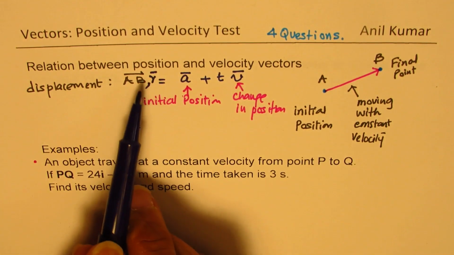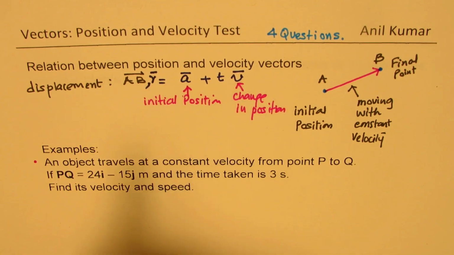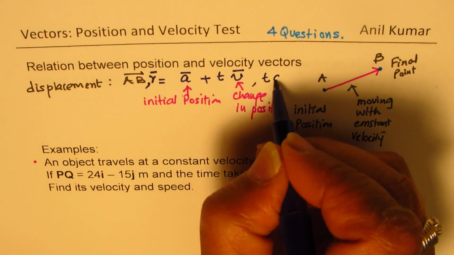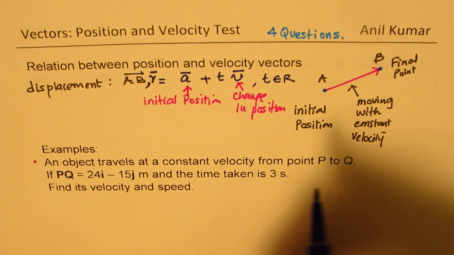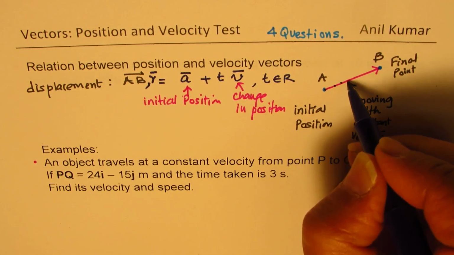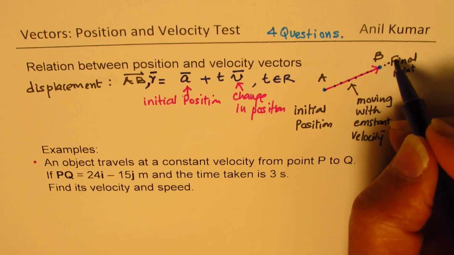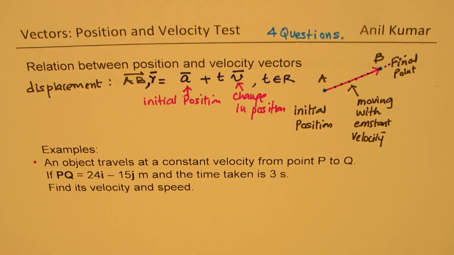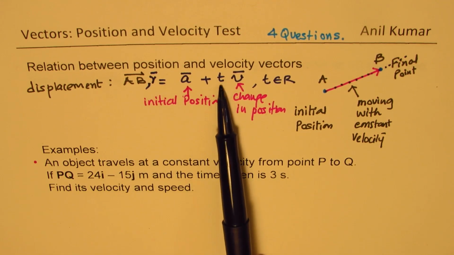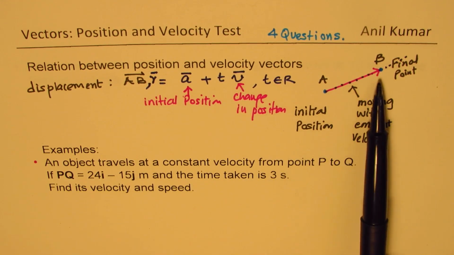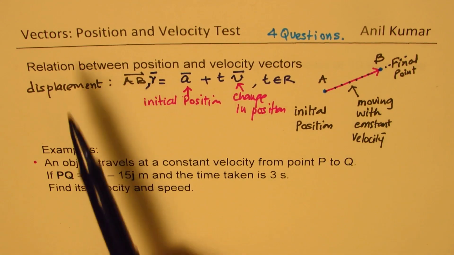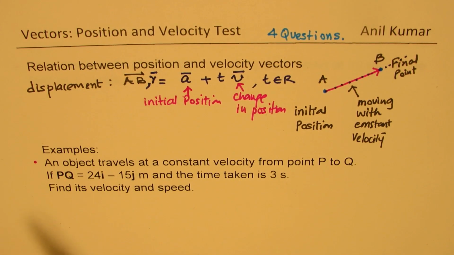So that is to generalize. Now here, t belongs to any real numbers, and that will give us all the points in between and beyond, right? So at any instance of time now, we can find different positions. Do you get the idea? So that is how we will relate positions with velocity.